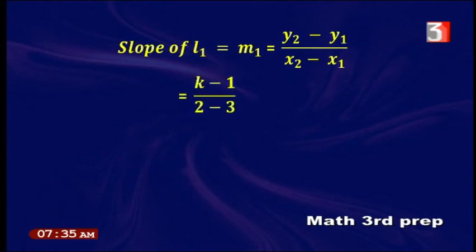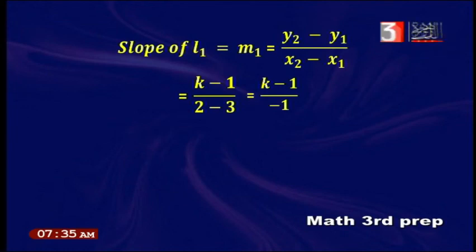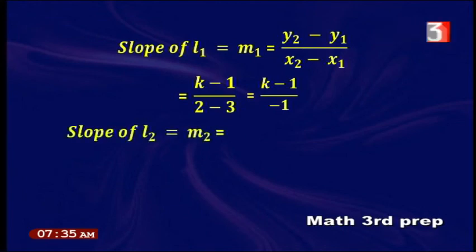By substituting, it is k minus 1 over 2 minus 3, which is equal to k minus 1 over negative 1. So we can also find the slope of L2, which is denoted by M2. And it is going to be found by tan theta. So it is tan 45 to give a result of 1.